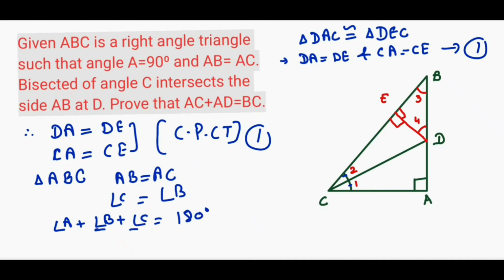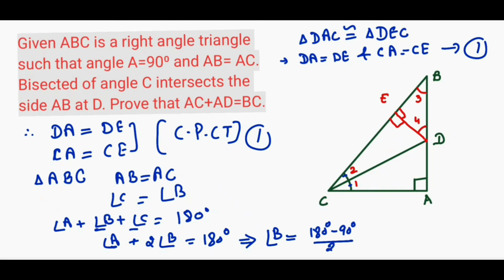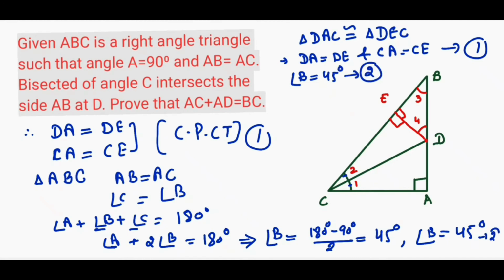So I can write here A plus 2 times angle B is equal to 180 degree. We know angle A is equal to 90 degrees. So this implies angle B is equal to (180 degree minus 90 degree) divided by 2, which is equal to 45 degree. So I'll write here angle B is equal to 45 degree. I'll take it as my second equation.